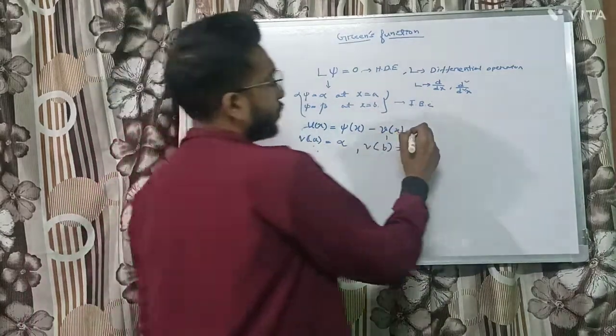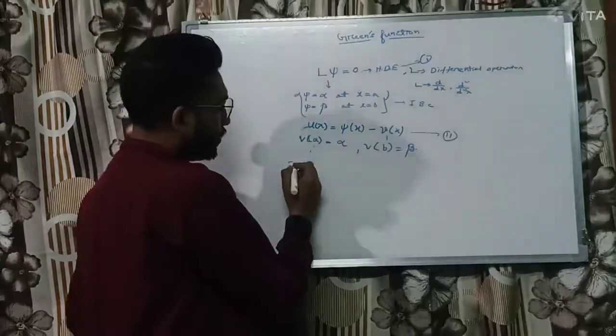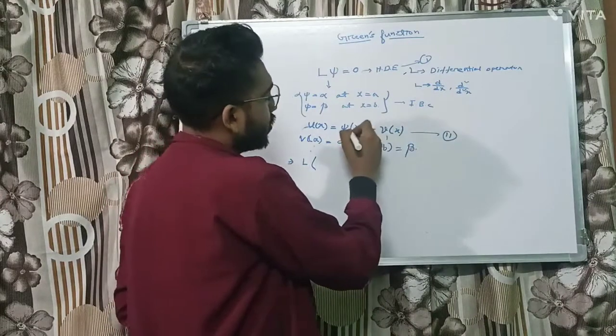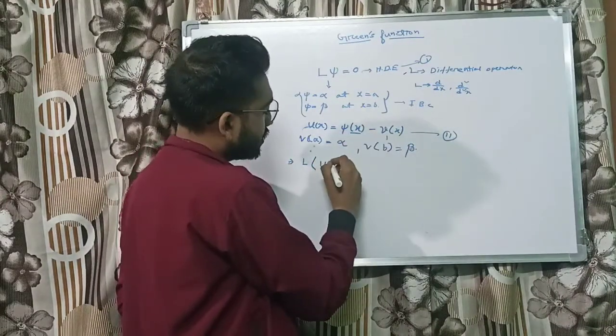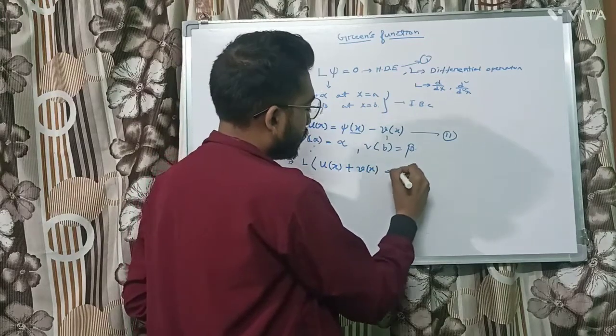If I use equation 2 in equation 1, what will I have? I will substitute for psi here: L of (u(x) plus v(x)) equals 0.